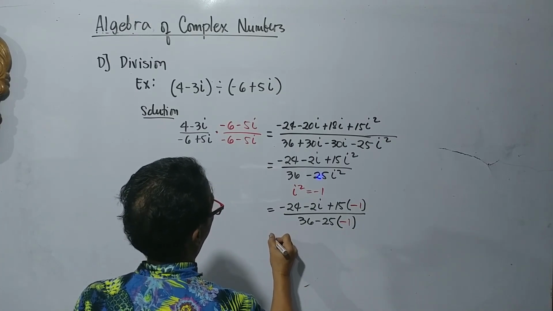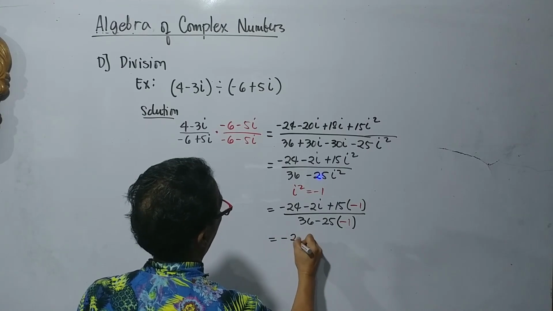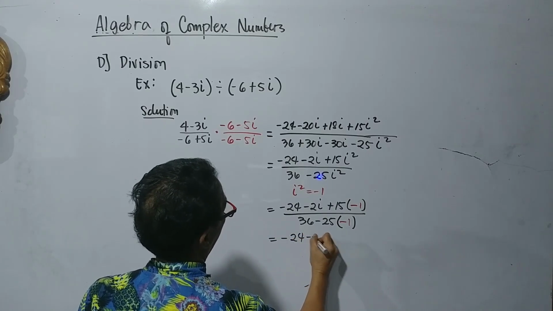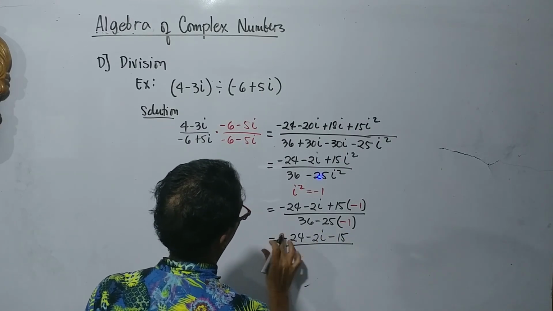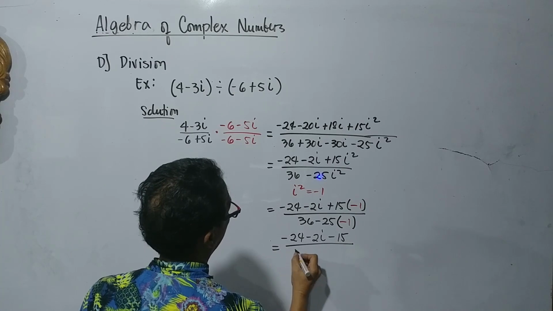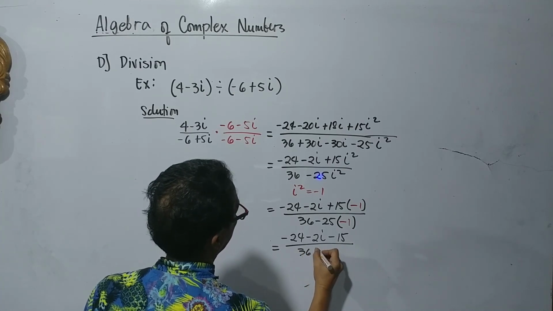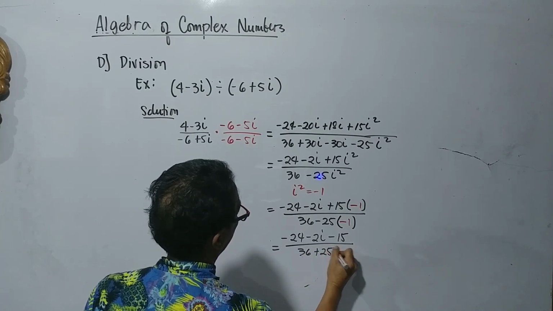So we have now negative 24 minus 2i minus 15 over 36 plus 25.